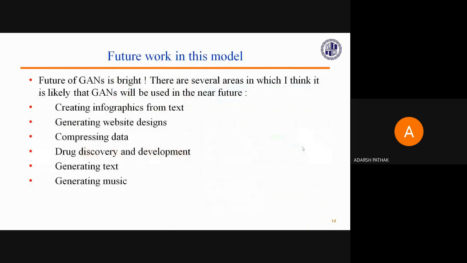The future of GAN, generative adversarial network, is bright. There are several areas in which I think it is likely that GANs will be used in the near future. Some of these areas are the following: creating infographics from text. Infographic is a new word, so I want to say something about infographics.